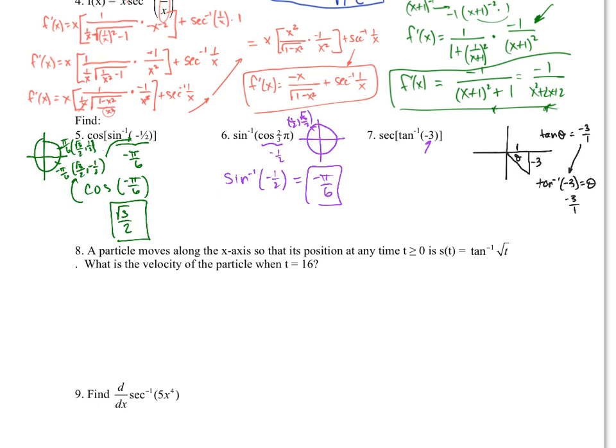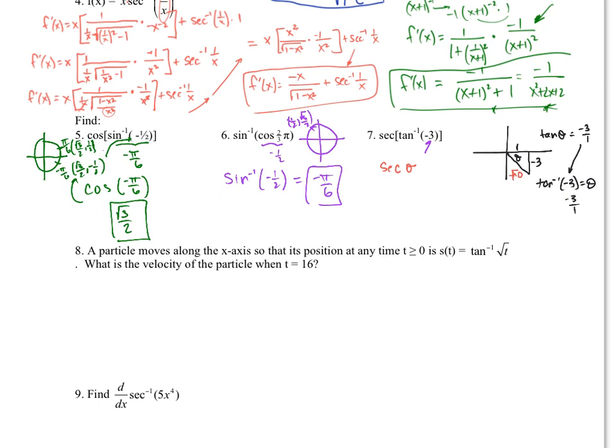And in this case, since I need the secant, this would give me root 10 right there. And I would need the secant at this point of that theta.